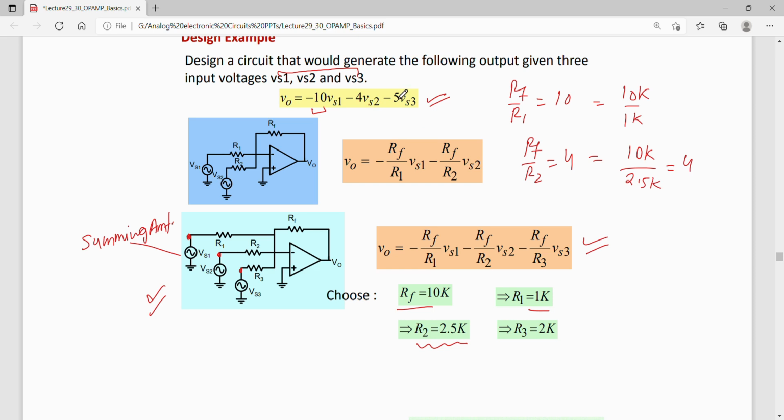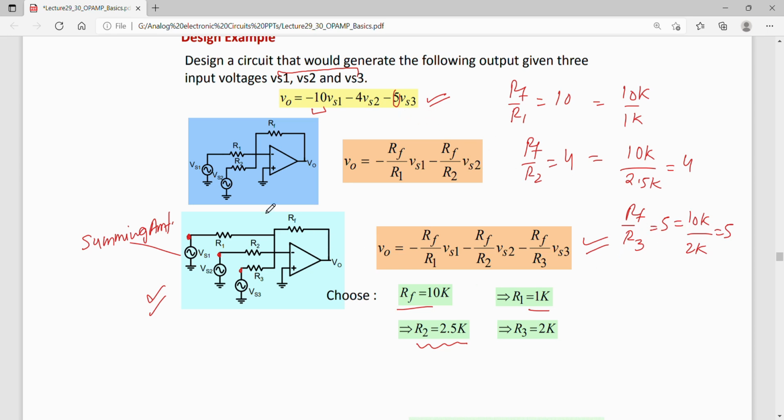Similarly, RF by R3 should be 5, and RF is 10K, so R3 can be fixed to 2K, resulting in this term as 5.